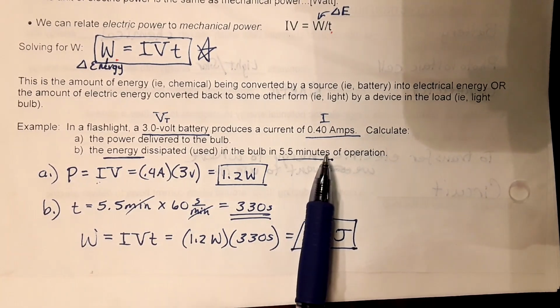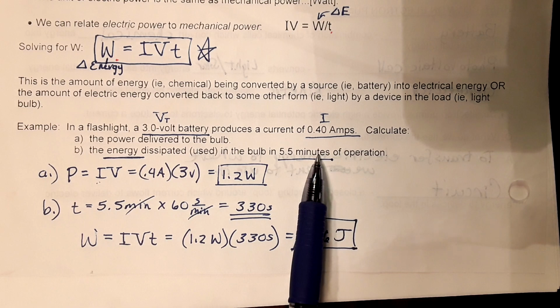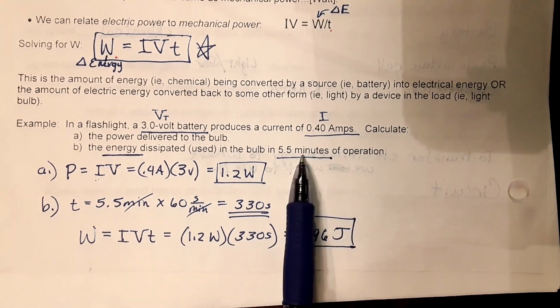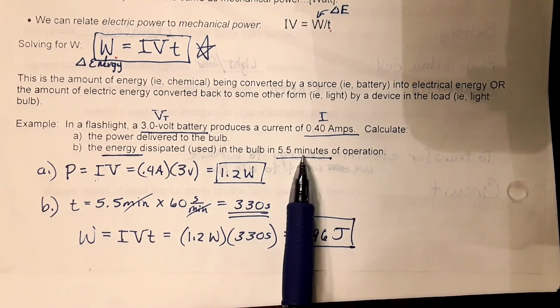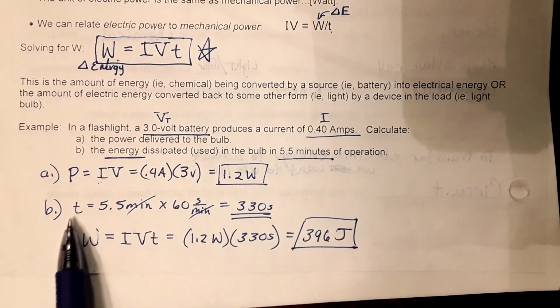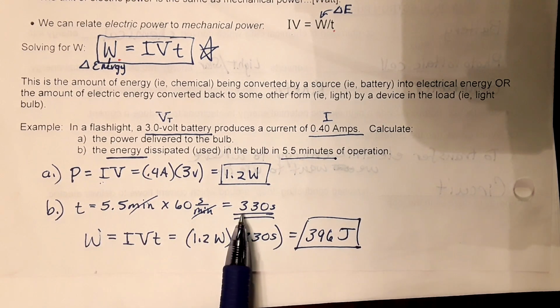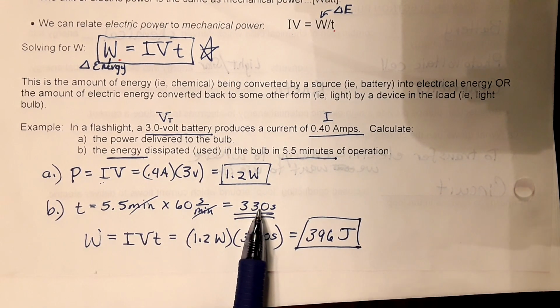Remember, we can't use minutes. For example, current, amps of current, that's a coulomb per second. We can't mix up our time measurements. So first we convert minutes to seconds. And of course, 5.5 times 60 is going to be 330 seconds.